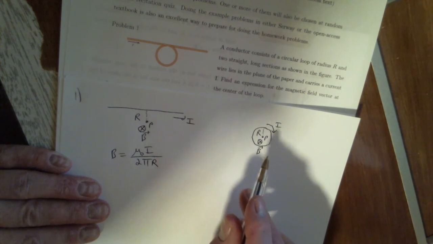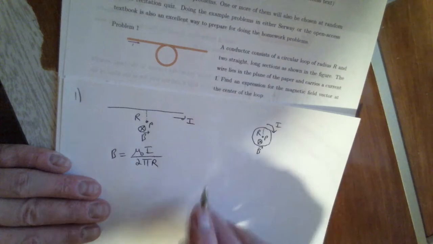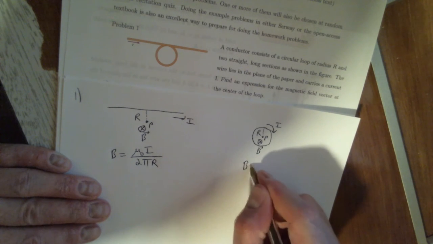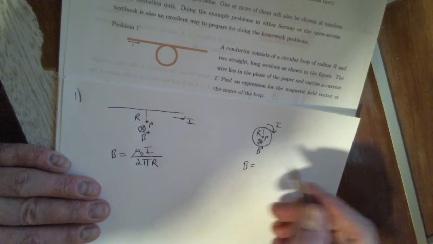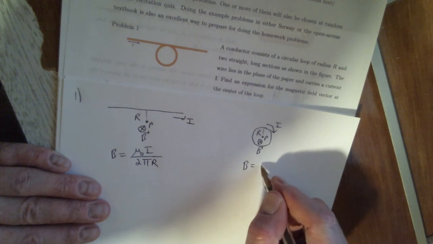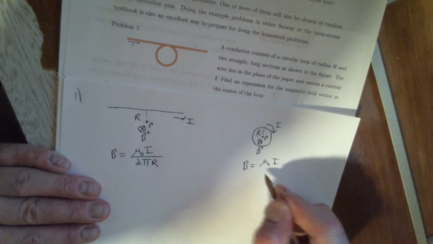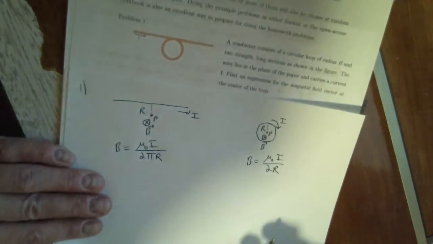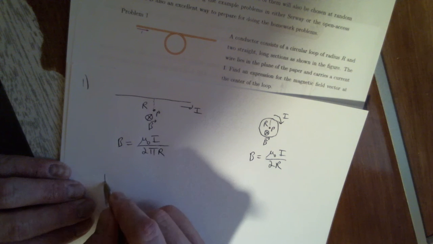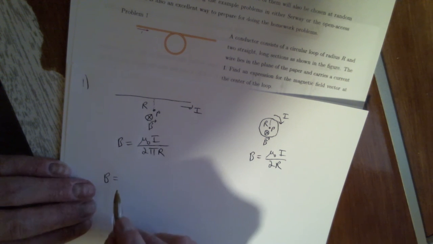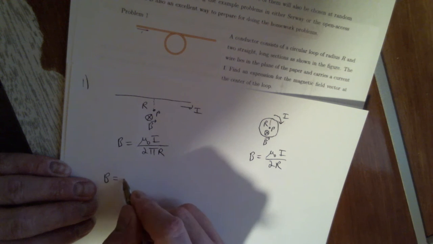And for the circular part, at the center of the circular loop, we have a B field which was derived in class, B is mu sub naught I over 2r. Again, r is the radius of the circle, I is the current. And so the total B field, because the two vectors are pointing in the same direction, has magnitude which is the sum of the magnitudes.